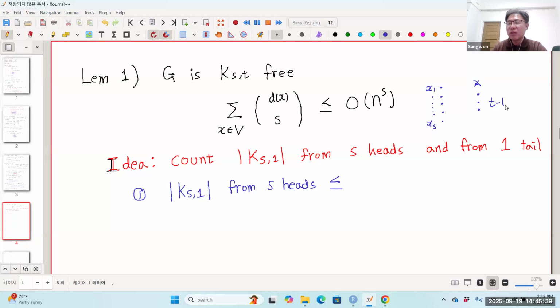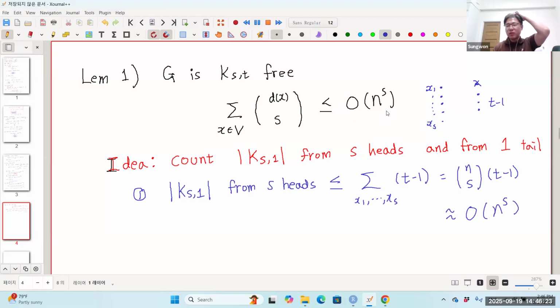So it will be at most T minus 1 and not more than that. So the number of K_S,1 is bounded above by the number of these choices, and each set of S vertices has at most T minus 1 neighbors. This is N choose S times T minus 1, and that will be order of N to the S.